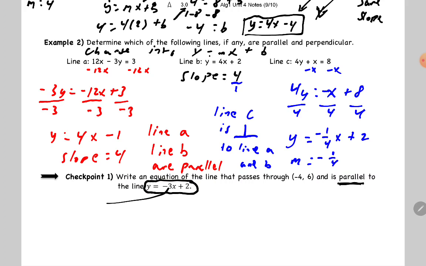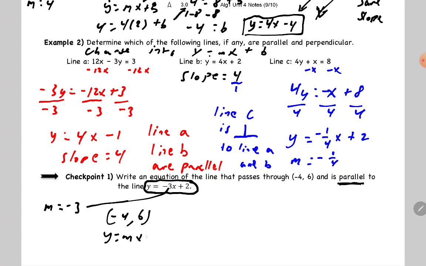So the slope is negative 3. I have the point negative 4, 6.